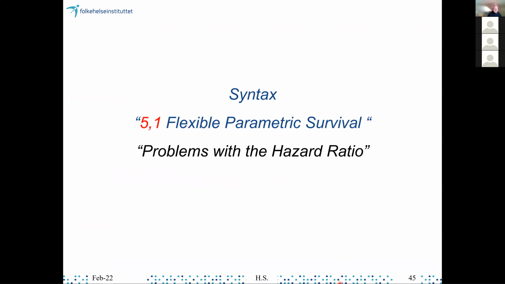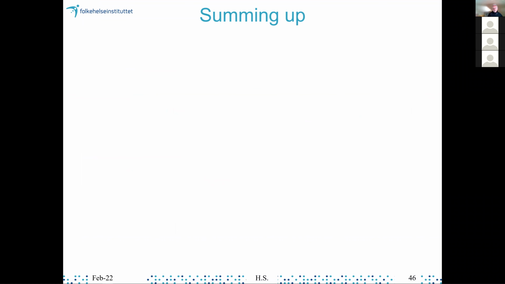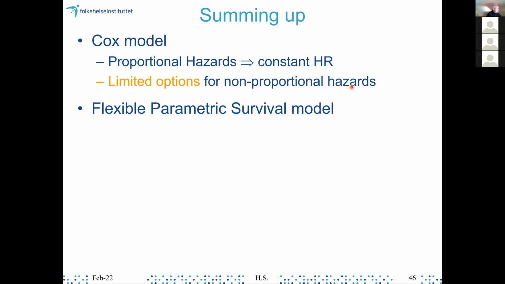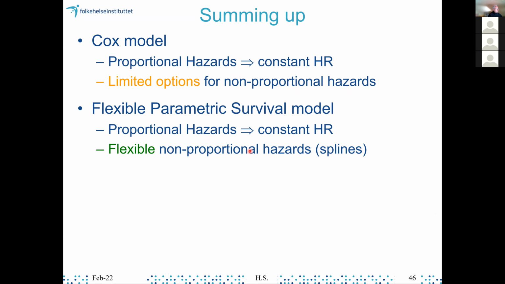And let me go back to this one and talk about summing up. So I have shown you that the Cox model is a proportional hazards model, and it has some but a bit limited options for doing non-proportional hazards. The flexible parametric survival model is also a proportional hazard model in its standard version, but it has a flexible non-proportional hazards using splines, which is very nice to use. It can do lots of different predictions, hazards, hazard ratios, but also differences, and the same for survival and survival differences.